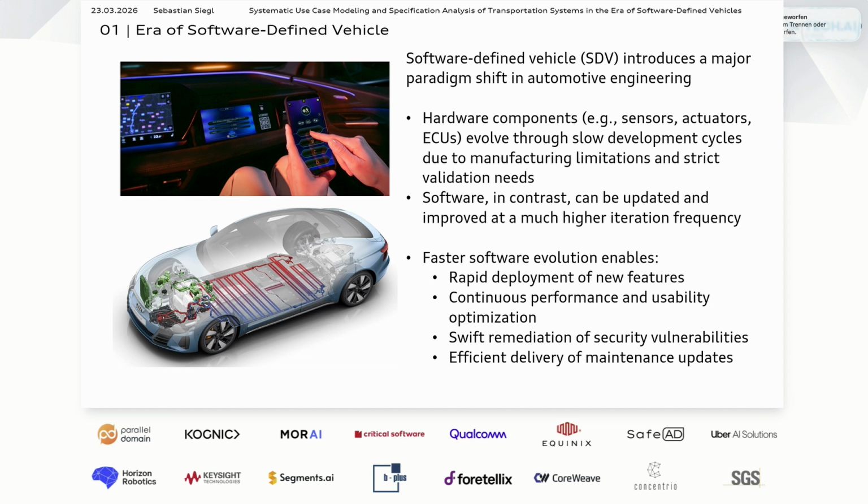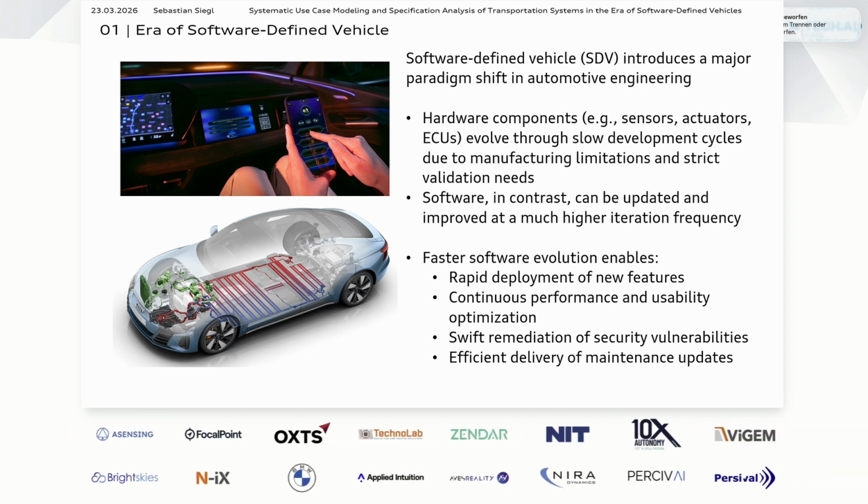You can more rapidly deploy new features in the vehicle to continuously increase the performance of the vehicle, to fix or maybe prevent security topics, and to do maintenance updates during the whole life cycle of the vehicle. And this is a tremendous change.